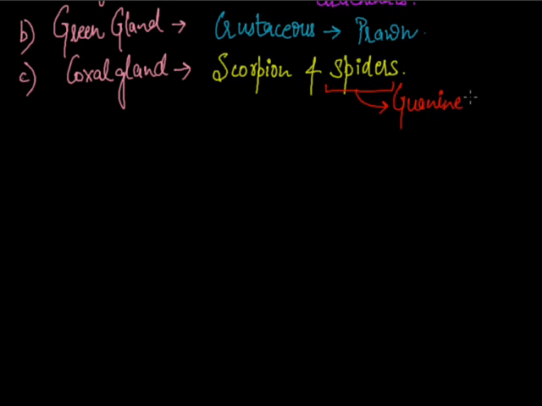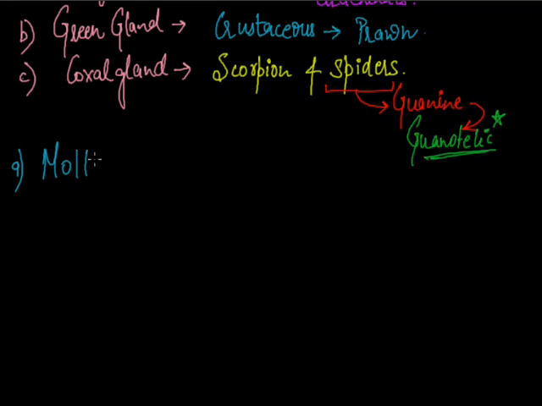As we all know, guanine is a nitrogenous base, a purine, present in the genetic material in the form of DNA. So, as spiders excrete guanine, they are also called guanotelic. This is important about spiders: the spider's excretory product is guanine.